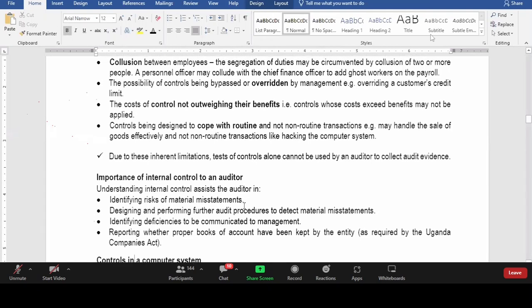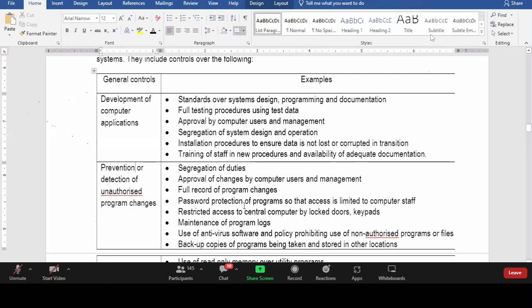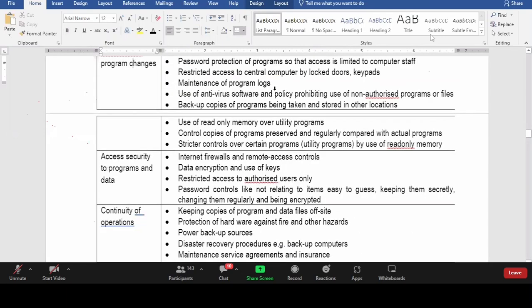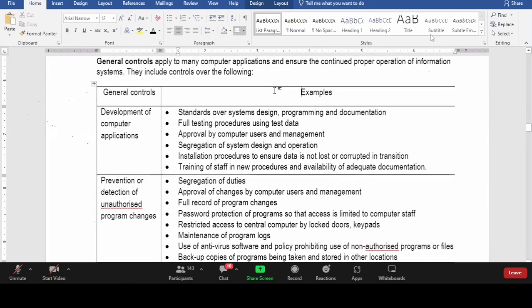An important area. Now, what about if the system is computerized? We are not going to spend much time here because many of these aspects were done in IT. If the system is computerized, we have general controls and application controls.